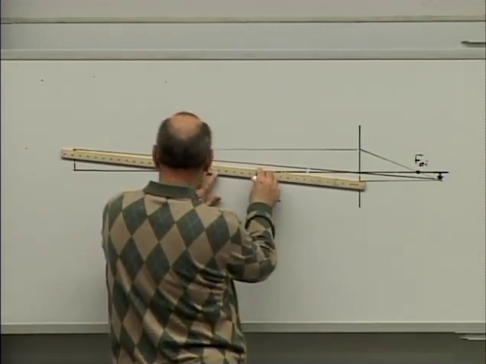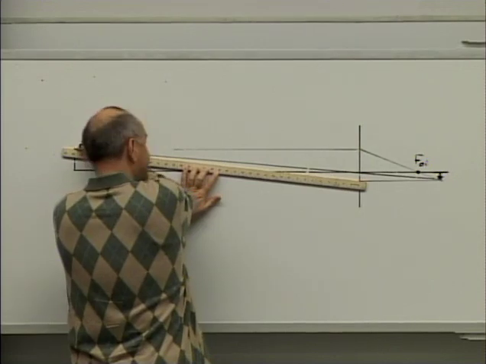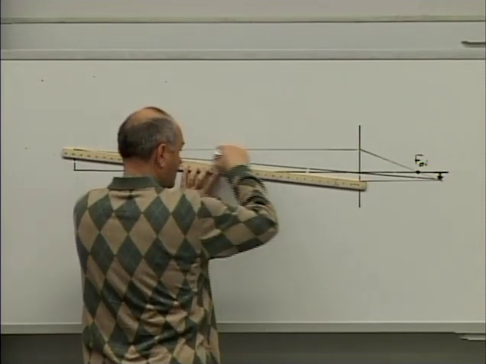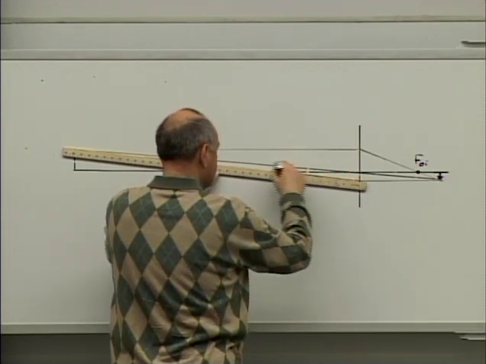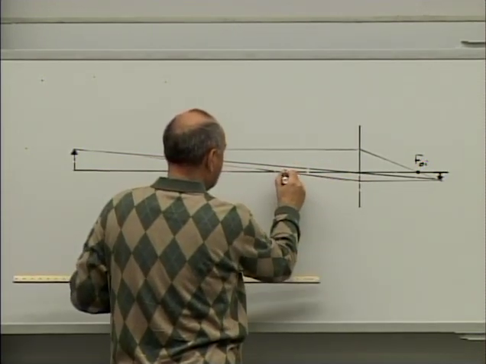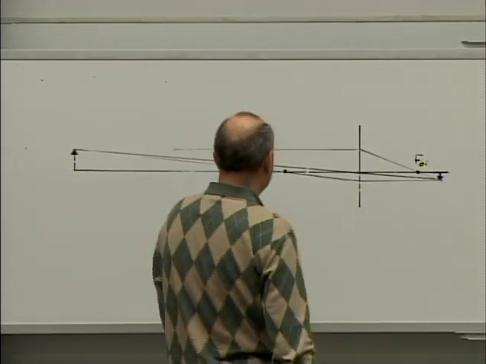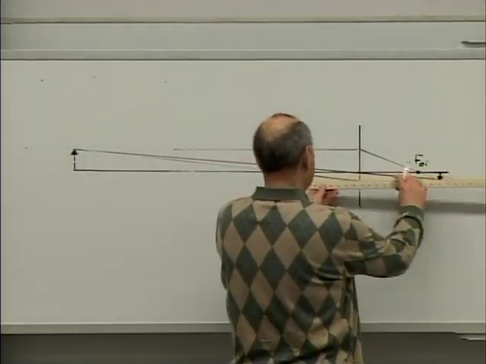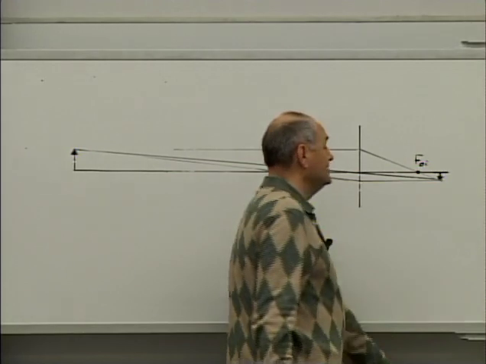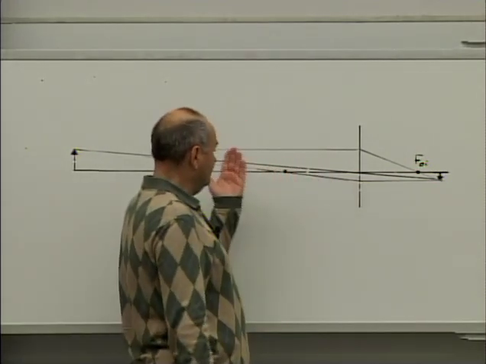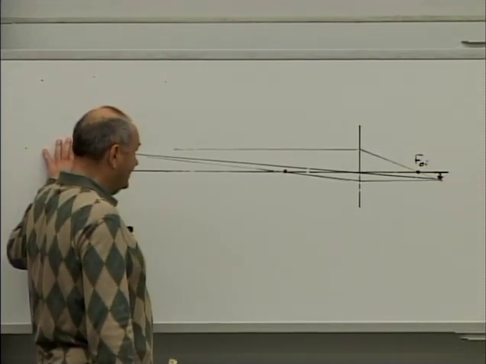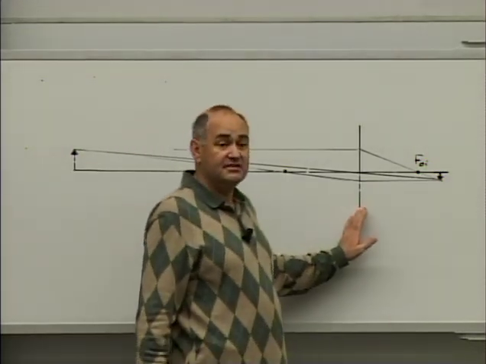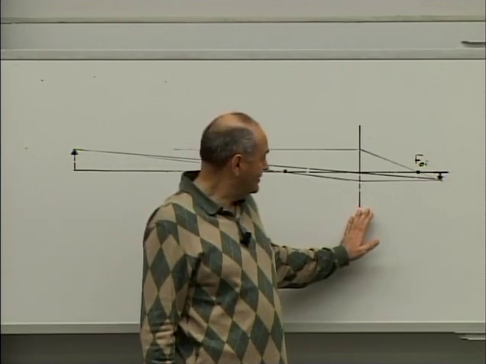Somehow my drawing is not particularly accurate. Well, maybe not that bad. It's too inaccurate, yeah, but this point should be symmetrical. All right. So we figured out what kind of lens we need to use for the objective.